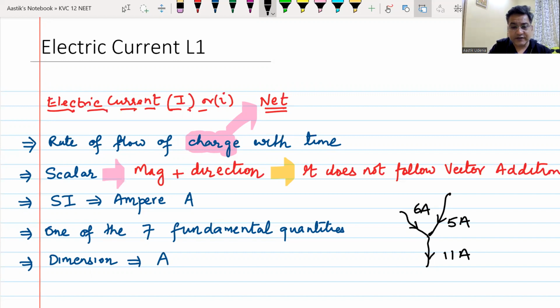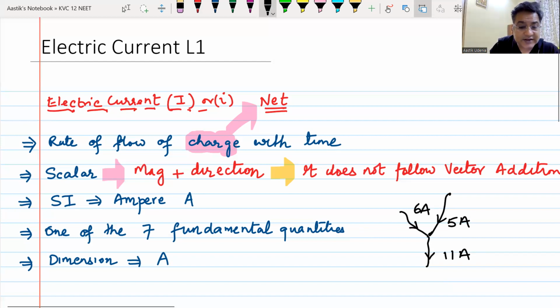And therefore, my dear friends, this is not treated as a vector but treated as a scalar. Do we understand this? Yes, sir. Have you noted this down? Yes, sir. Okay, so current is not a vector even though it has both magnitude and direction.